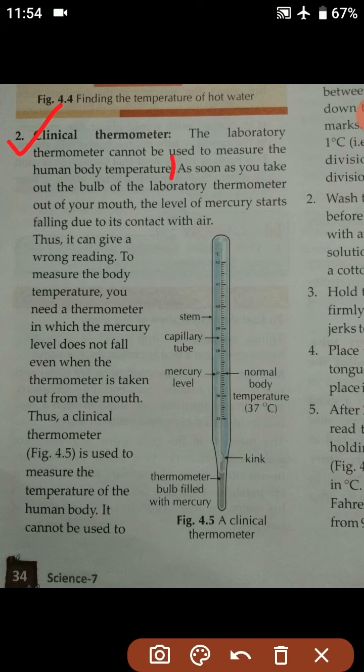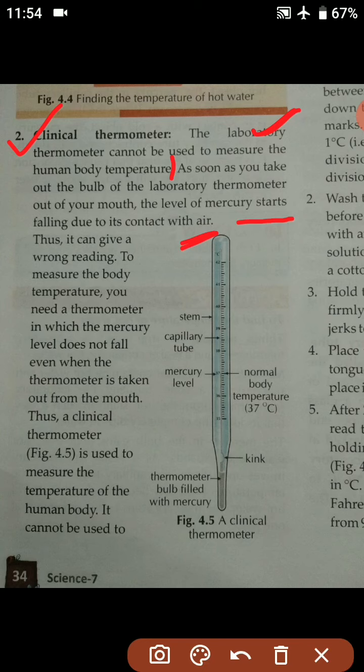As soon as you take the bulb of the laboratory thermometer out of your mouth, the level of the mercury starts falling due to its contact with the air. Thus, it can give a wrong reading.